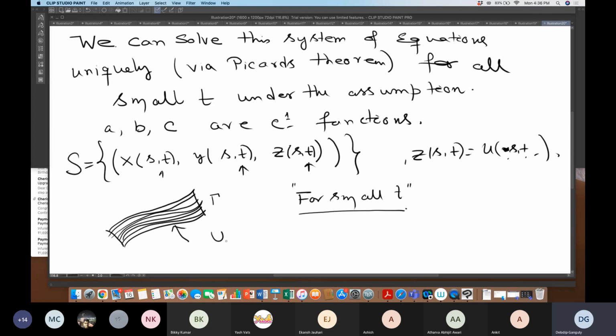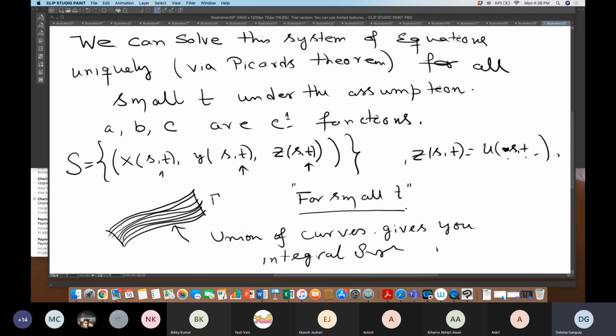Just think of the union of curves. The union of curves gives you the integral surface. You understand how we get it? So you get gamma, this is your initial curve.